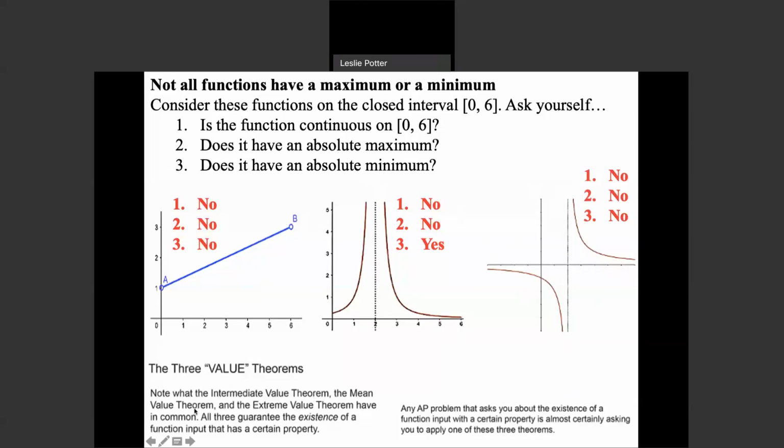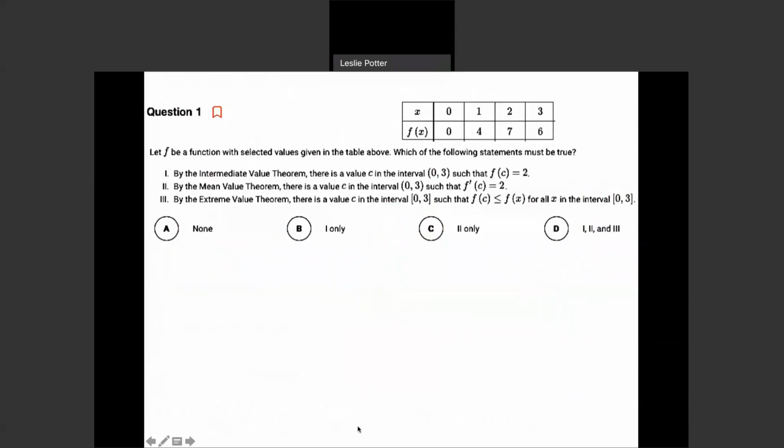The mean value theorem is that our average rate of change and our instantaneous rate of change are equal if we have a continuous and differentiable function. And then what we're talking about now, the extreme value theorem. Okay, so we have a function input with a certain property, and all three of those theorems follow that idea. Okay, let's take a look at this problem here.